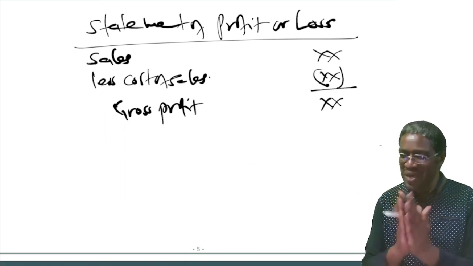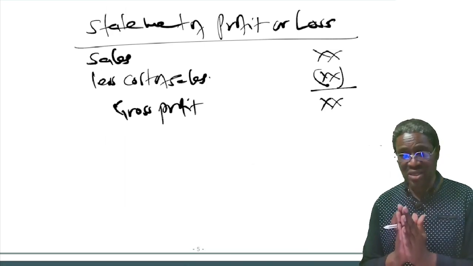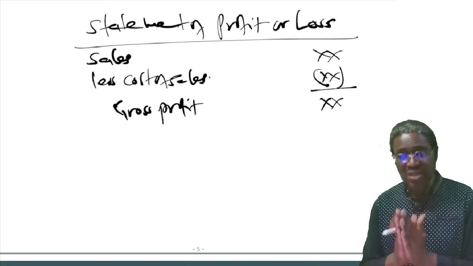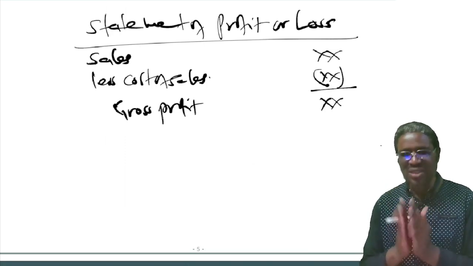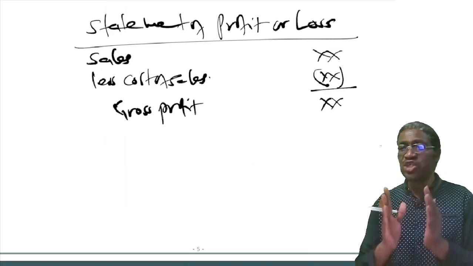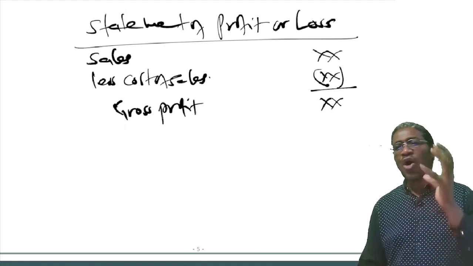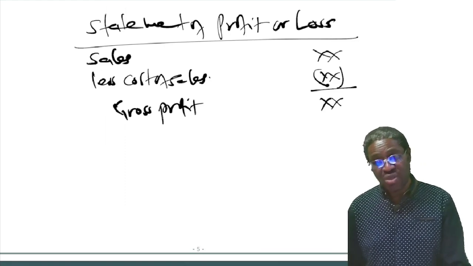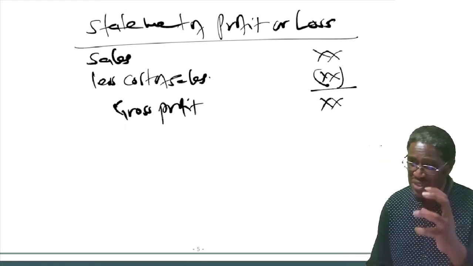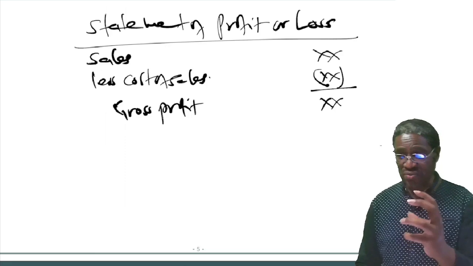Don't list the expenses individually. Instead, those expenses that your company has incurred should be classified according to the function they perform in the organization. So you classify your expenses according to their function.